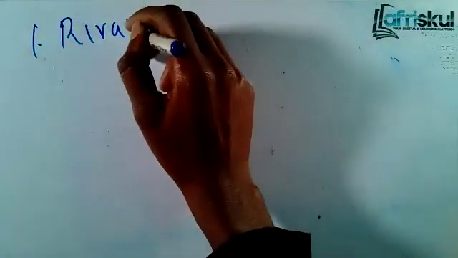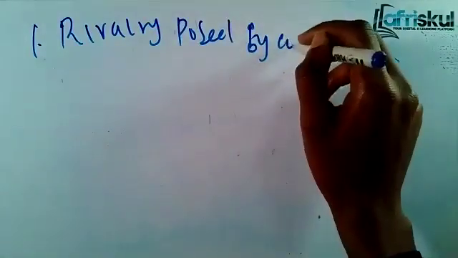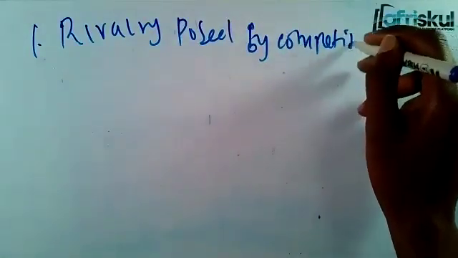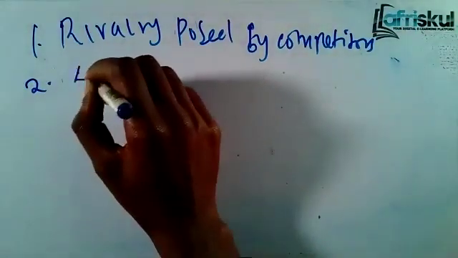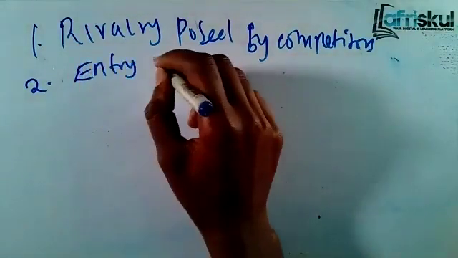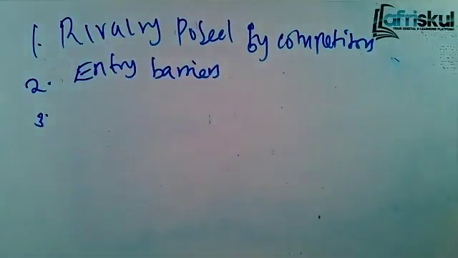So the first one we are going to discuss is rivalry posed by competitors. We're also going to discuss the second one, which is going to be entry barriers. Definitely, would you tell someone to invest in an industry where there is too much rivalry? I can't.